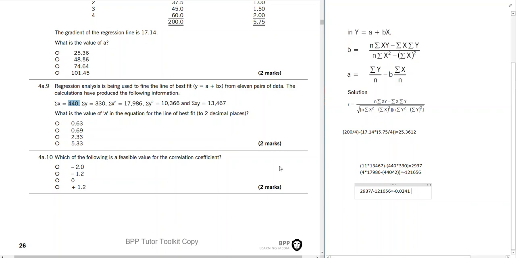I'm still not confident that I've calculated this right. So let's double check. We have pair of data, x squared, and then minusing this.